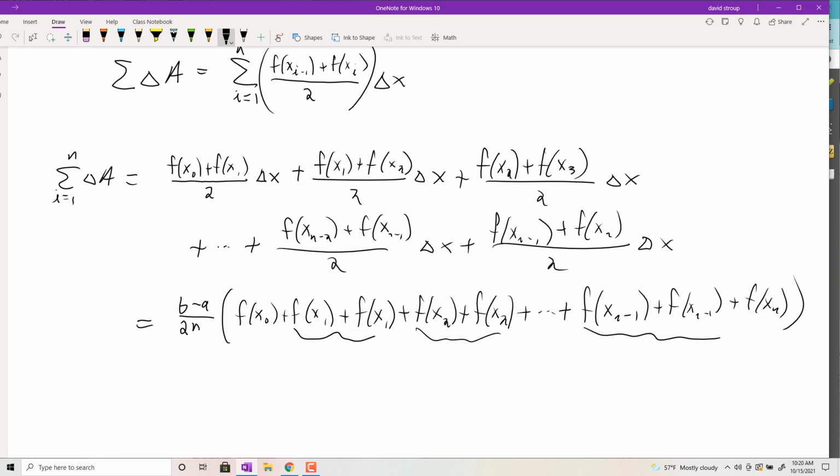So ultimately that's going to be our trapezoid formula, and that's Theorem 5.17.